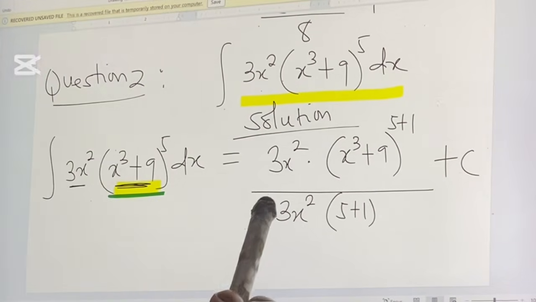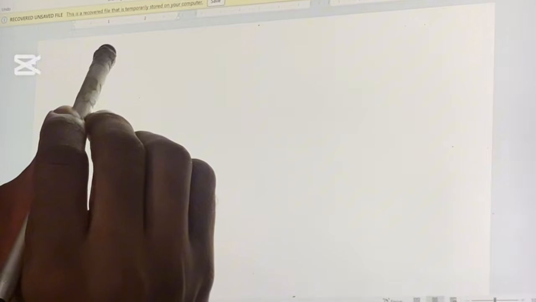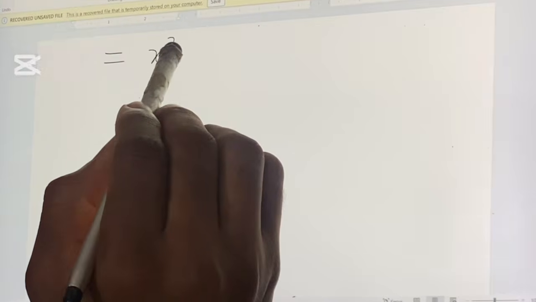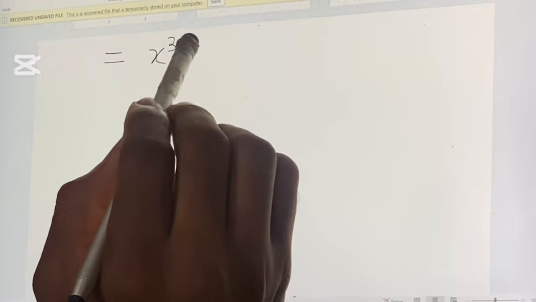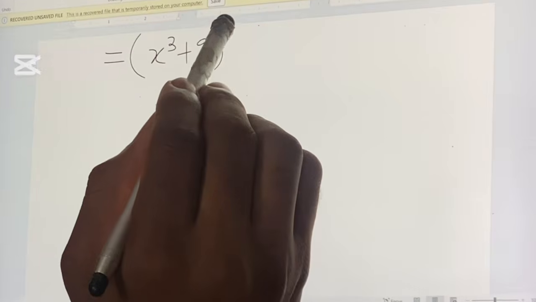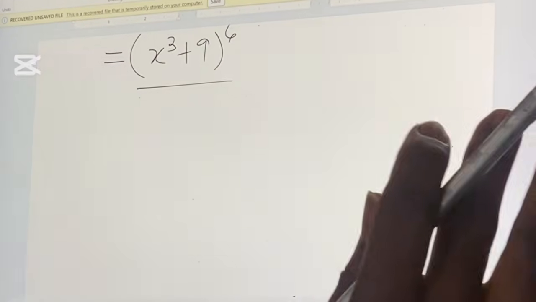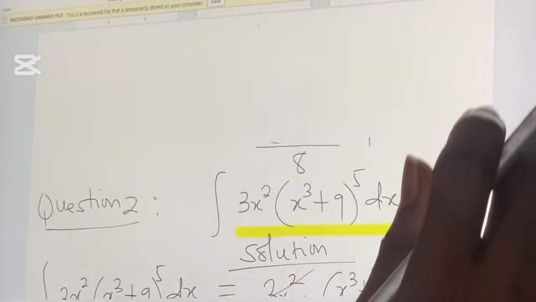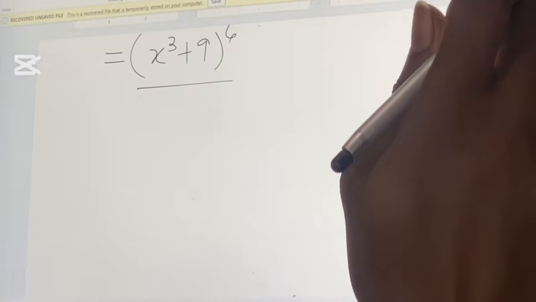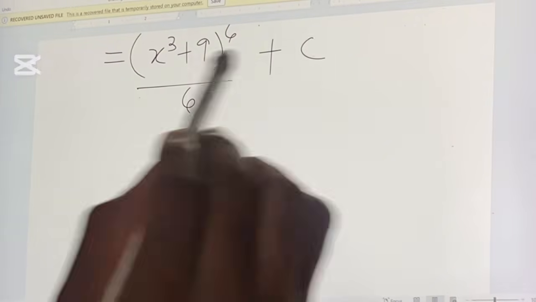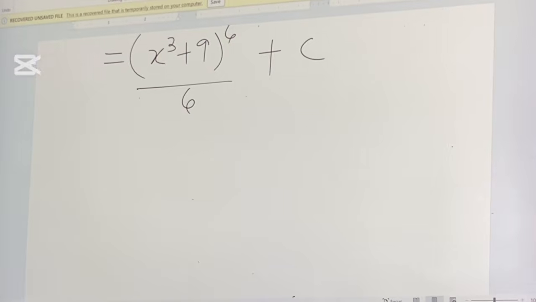If you evaluate this, we cancel this, and I'll be left with (s raised to the power of 3 + 9) all raised to the power of 6 over 6, plus c.